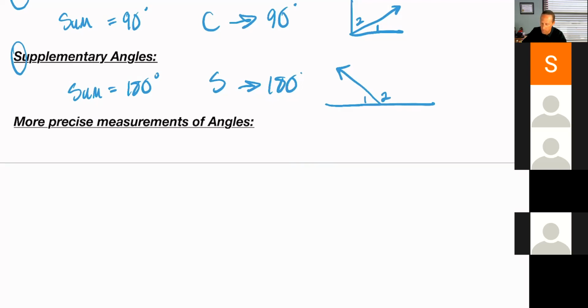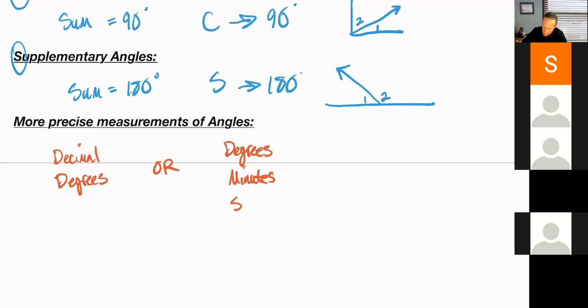So what they created were these things called, we know degrees, and we can use decimals for precision, but there's also this thing called, within degrees, we can break them down in what are called minutes and break those down even smaller into what are called seconds. Now, you might be wondering, like, well, I already know minutes and seconds, that's time.